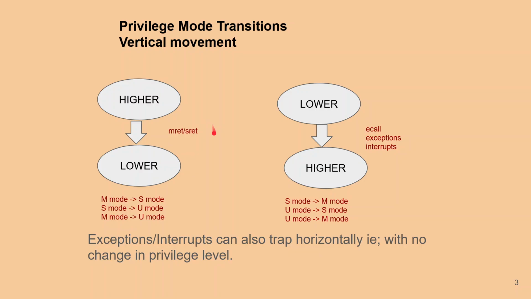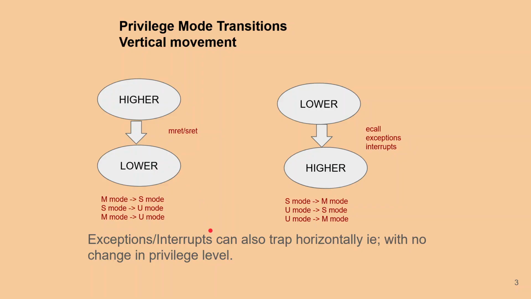Mret and sret are typically called the trap return instructions. When the mret or sret instruction executes, it restores the previous privilege level and execution resumes where the lower privilege mode code left off when the original exception occurred.